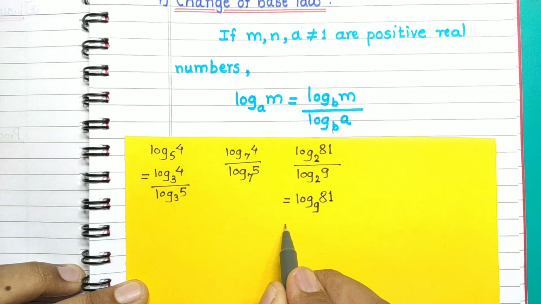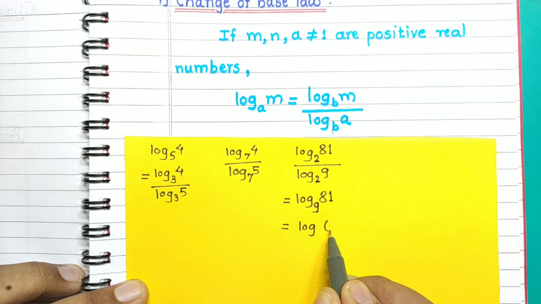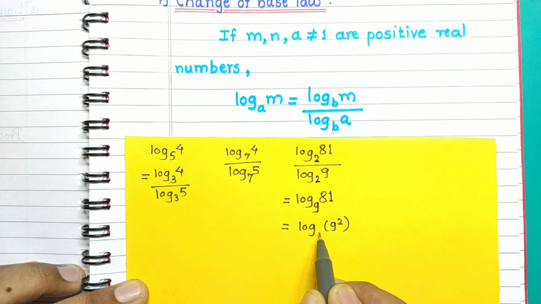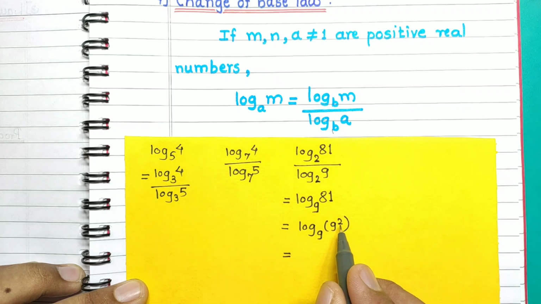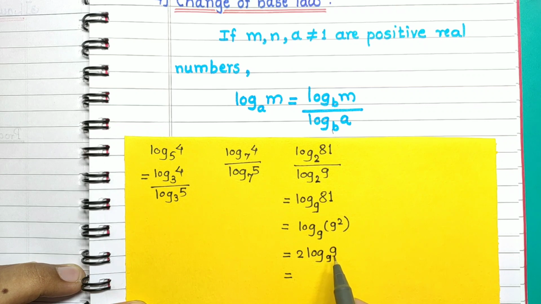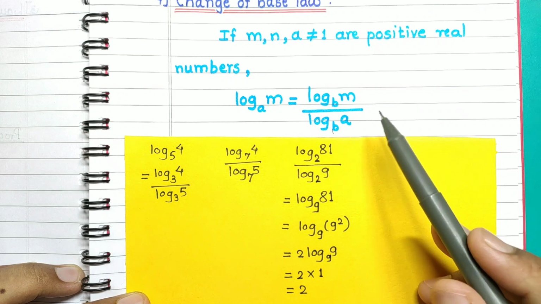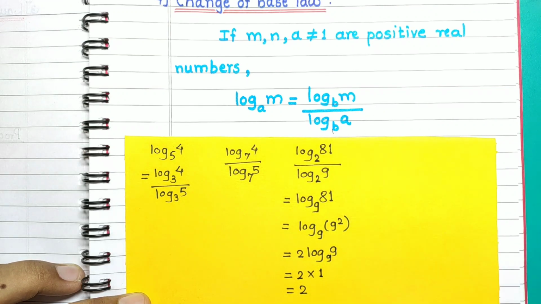We can write this 81 as 9 squared to the base 9, and by the law of exponent this 2 will be multiplied. So 2 into log of 9 to the base 9, and we know that log of the number to the same base is 1. So this is 2 into 1, which is just 2. This is how we can apply this rule for various situations.